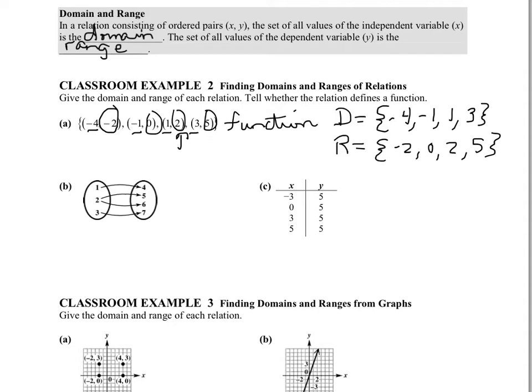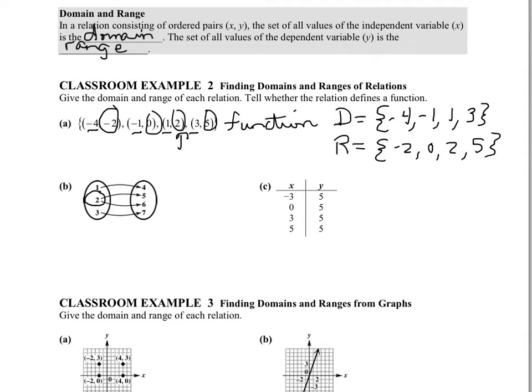Now, in answering the question, is it a function, remember our test is, are there any x values that go to two different y's? Well, that means when we look at these ovals, you need to check to see that you do not have two arrows leaving from the same oval on the left. And if you'll notice, that occurs right here.